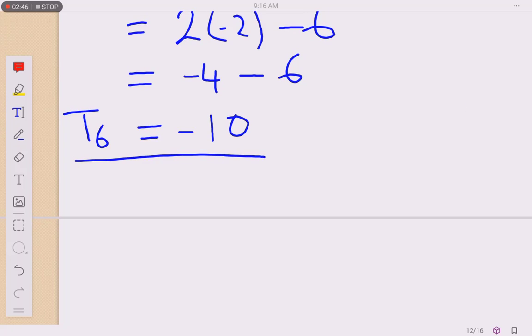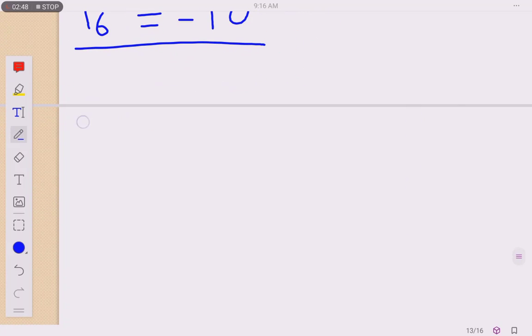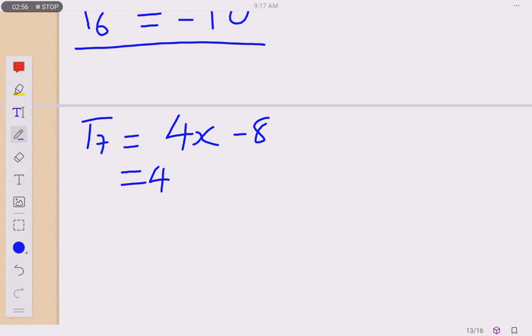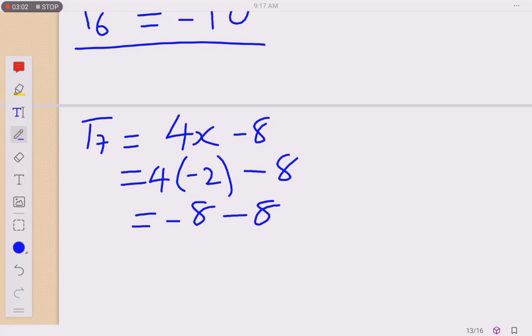Let's go on to T7. T7 was 4x minus 8. So substituting minus 2 there, 4 by minus 2 minus 8, we have minus 8 minus 8, and we'll get our T7 as minus 16.